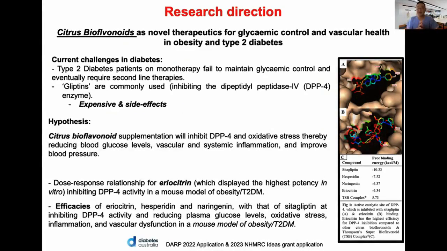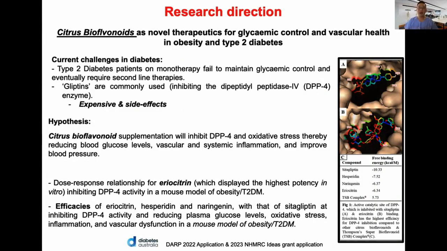We think the current treatment for type 2 diabetes in Australia is using a specific drug called gliptin, but this has a nasty side effect. But citrus bioflavonoids are a nutrient. I think you guys are familiar with this because many Mediterranean foods or the Mediterranean diet use a lot of citrus.